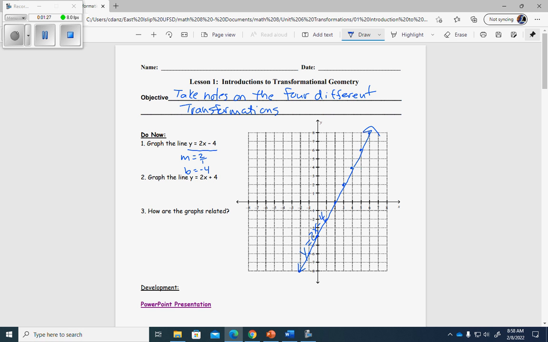Now they want us to graph y equals 2x plus 4, so the slope again is 2 over 1, and the y-intercept is 4. Without even graphing, I know that these lines will be parallel because they have the same slope. They slant the same way. I'm just starting at 4 now.